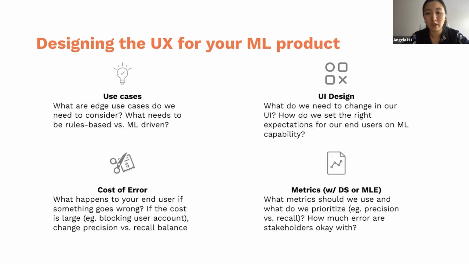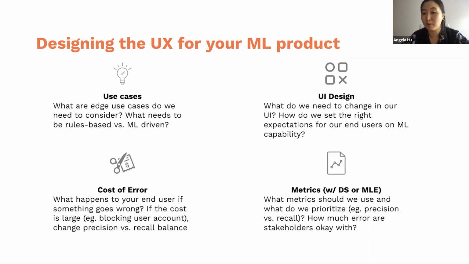The second piece to look at is the UI design. This isn't applicable for all ML problems. Sometimes you have an ML product that is just operating in the background. But one important piece to consider around the UI design is what do we need to change in our UI so that we're setting the right expectations for our end users and its ML capabilities. I think Netflix oftentimes and Amazon does a great job at showing you where your recommendations come from.